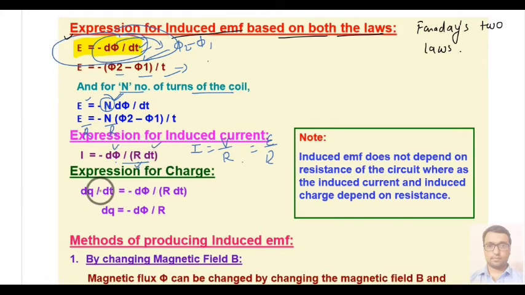Next, what is the expression for charge? Current is written as dq by dt, so dt is multiplied to the right side and cancels out. So d phi upon R is the formula for charge.